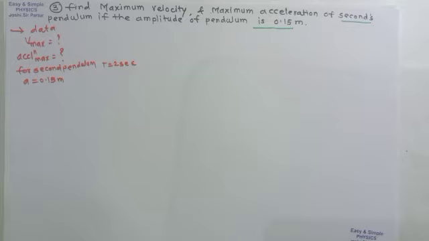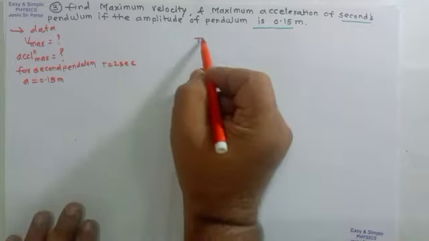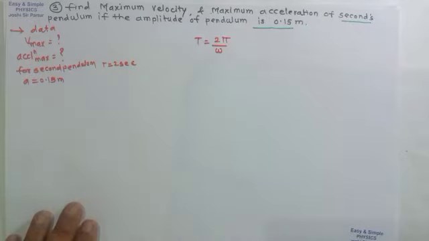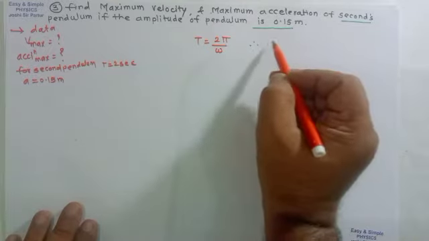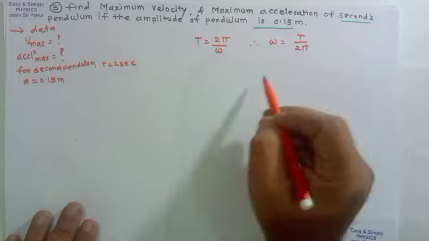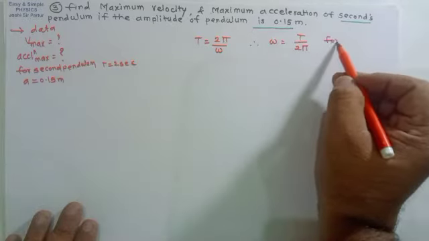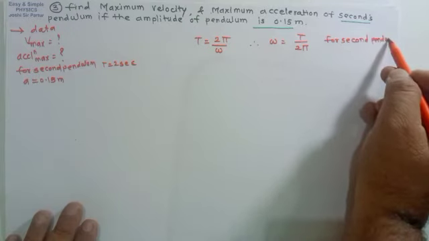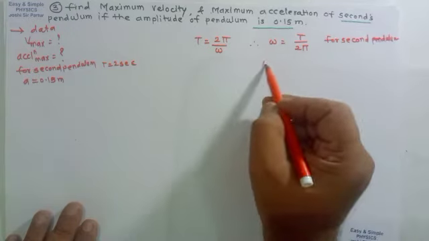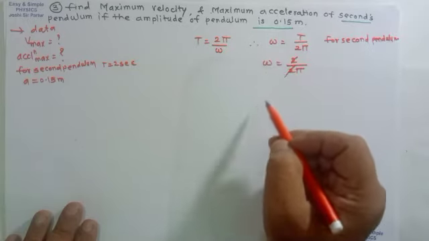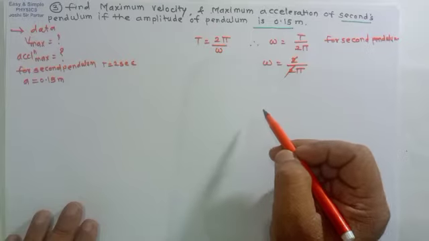Here, first we know that T equal to 2 pi upon omega. We can find out omega.